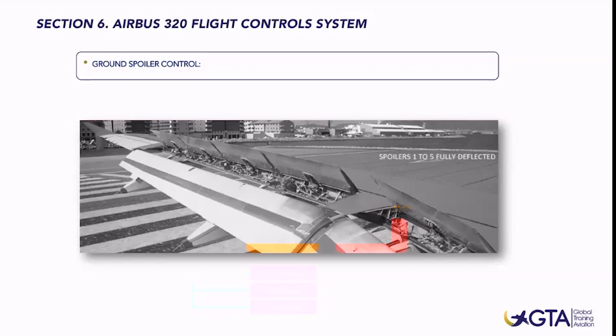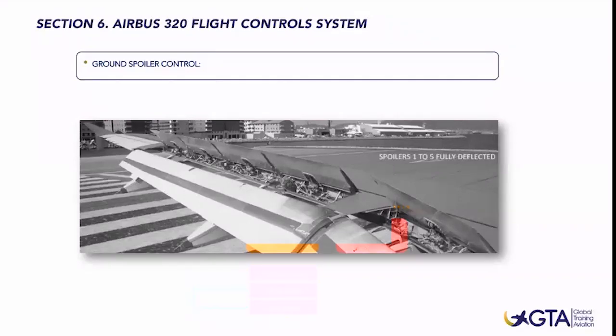Normal law, alternate law, and direct law are themselves divided into three modes, depending on the flight phase. We are in ground mode during ground operations. As soon as we get airborne after liftoff, we enter flight mode. And as soon as we pass 50 feet during landing, and 30 feet, we enter flare mode.